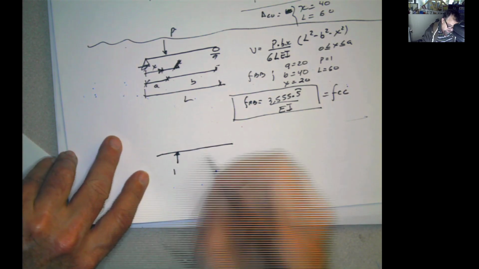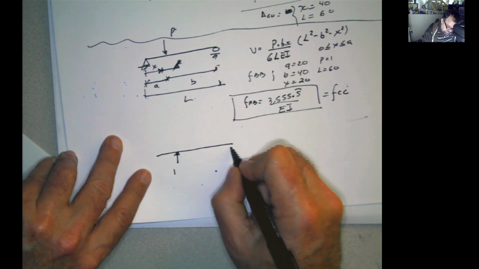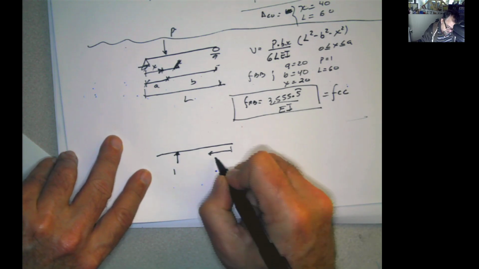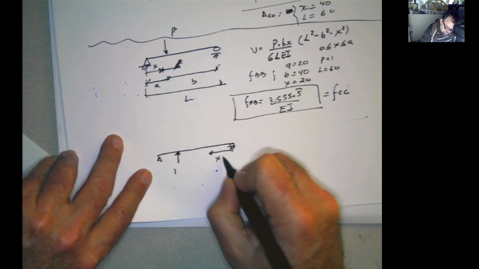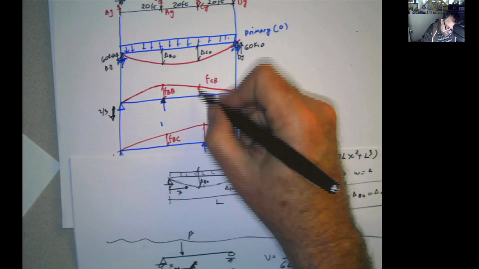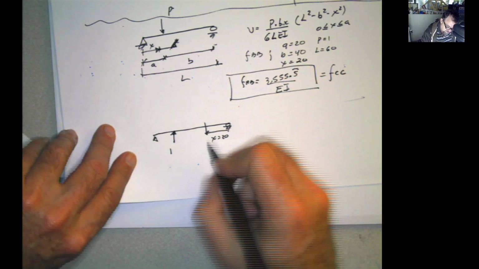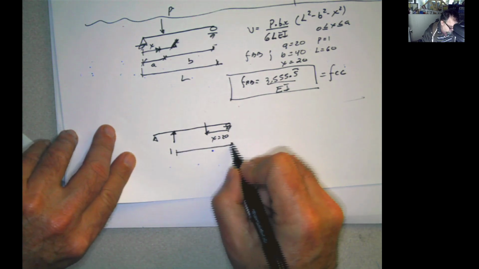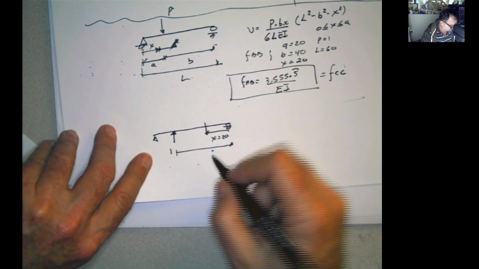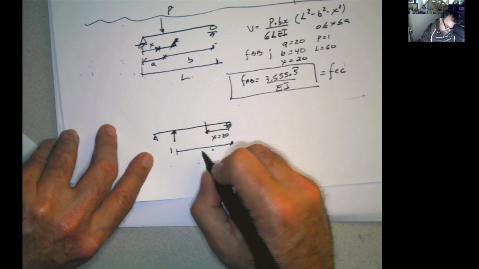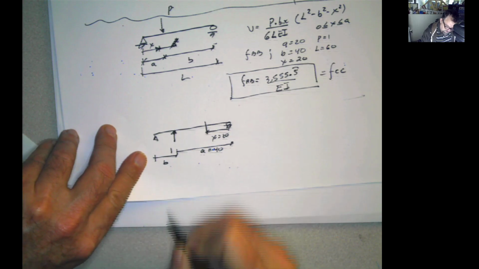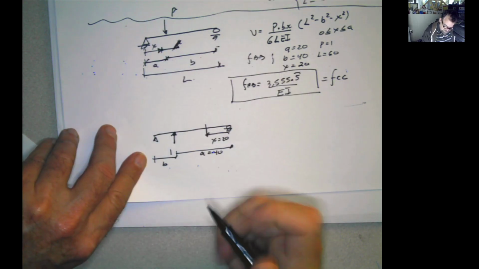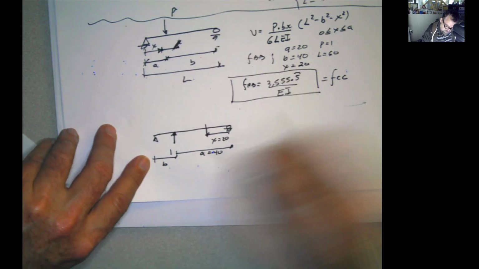And my X from here is 20, because I want to calculate it at this point, and this distance is 20. This distance from here to here is going to be A equals 40. This distance is going to be B. I'm just flipping this thing, B, because of this condition.